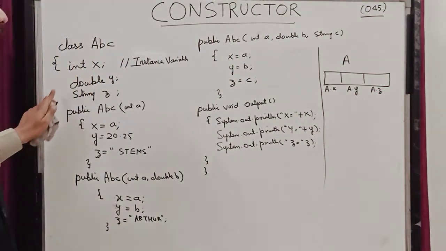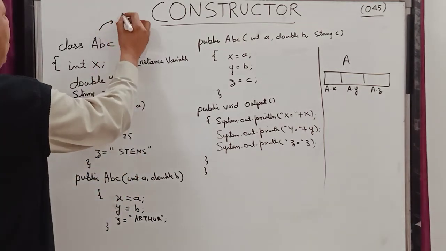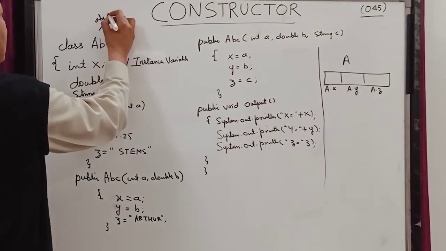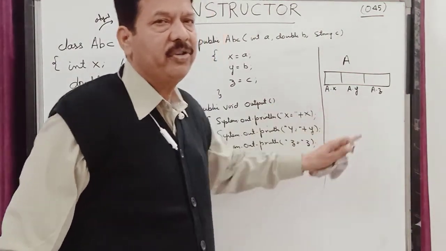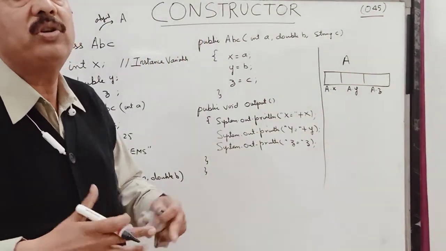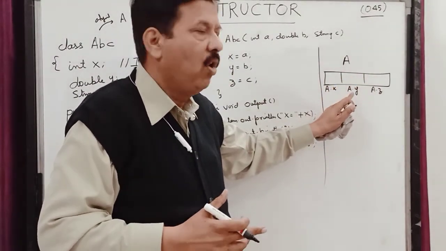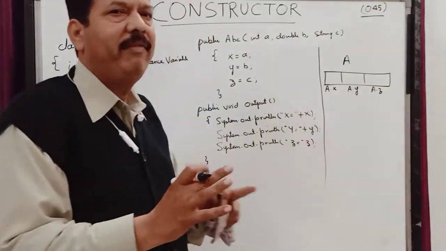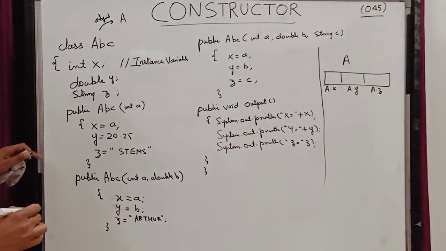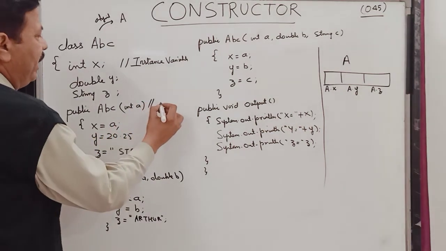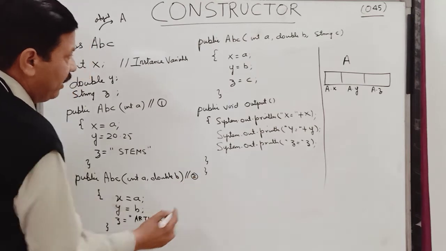So children, if I create the object A of this class, then an object of this type gets created. But children, you cannot create an object without a value. So there must be some value within this instance of the object. These values are provided by the constructor. So children, here I have written many constructors, as you can see. This is my first constructor. Then here I have written my second constructor.